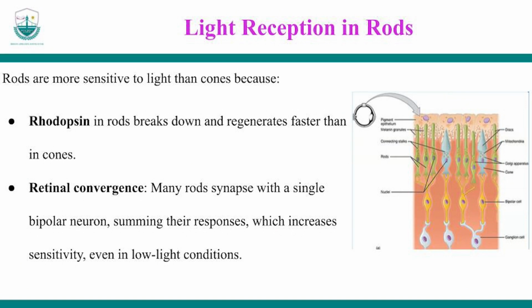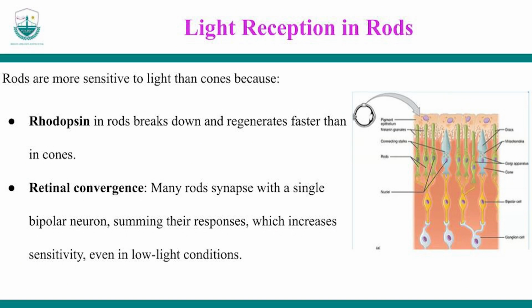So the two reasons that make the rods very sensitive are the fact that rhodopsin regeneration is very fast compared to iodopsin that we find in the cones, and retinal convergence.